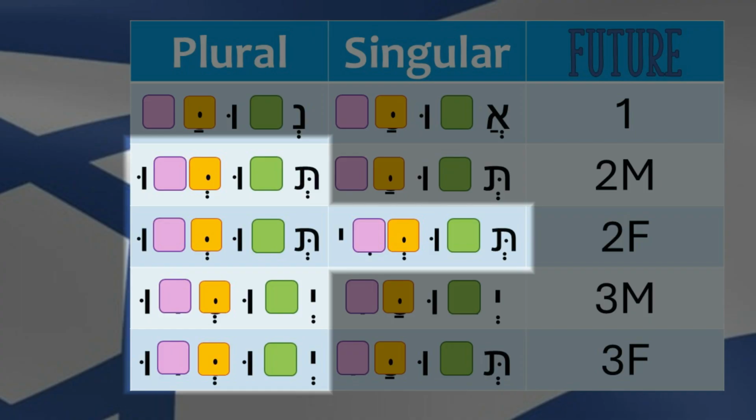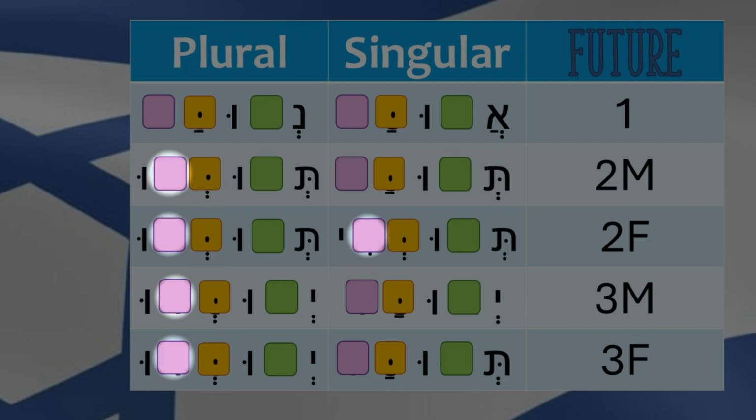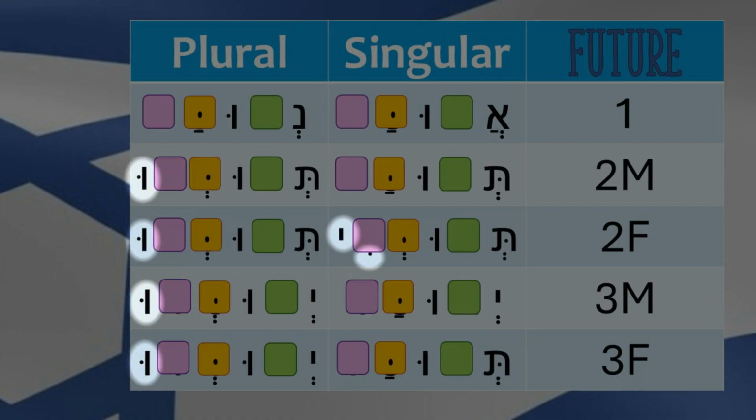All right, so now for the forms that have a suffix, what's going to happen is that second shoresh letter is going to get a schwa. So it does reduce when we're talking about future tense. It doesn't reduce in the present, but it does reduce in the future. Then that third shoresh letter is going to get whatever vowel is appropriate for the form.